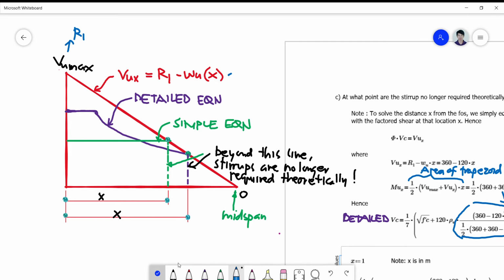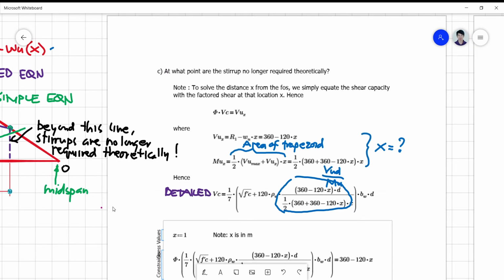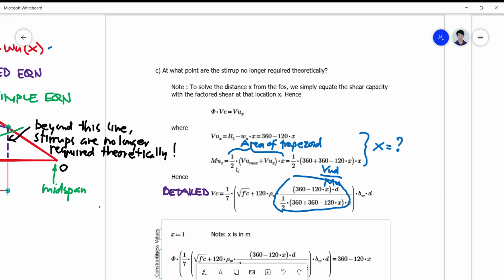So MUX is one half of VU max, which is 360, plus VUX, which is 360 minus 120x, times quantity x. I think I made an error in our last video wherein I substituted a length equal to 12. That is why this became 720, and that is actually wrong.